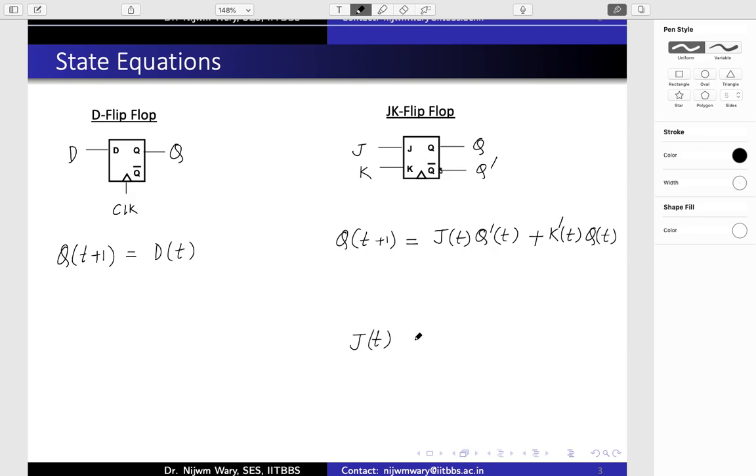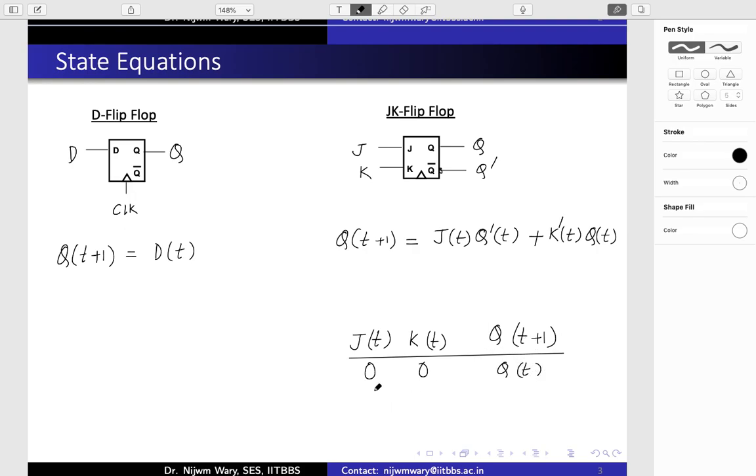So if you make J t and K t here, Q t plus 1, if it is 0 0, we know in this case J is 0 and K is 0, so K complement is 1, so it will be nothing but Q t.